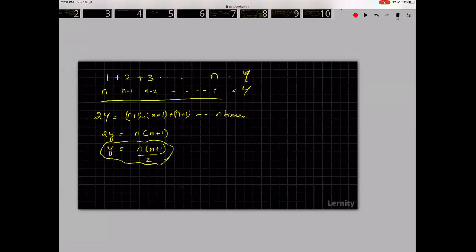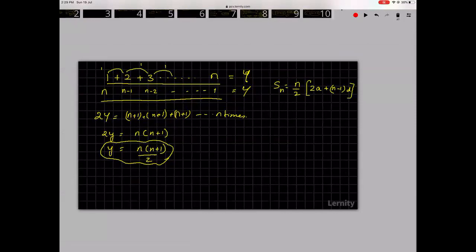Also, just now I told you that the sum of n terms of an AP is n by 2 into 2a plus n minus 1 into d. Now you see this is also an arithmetic progression. The difference between two adjacent numbers is 1.